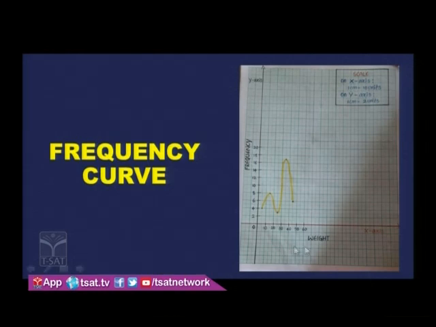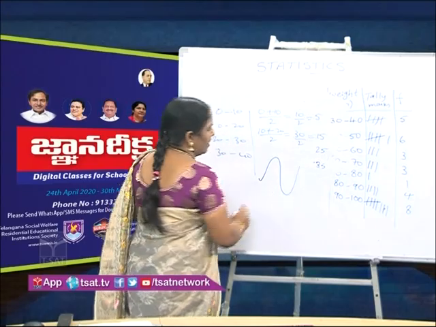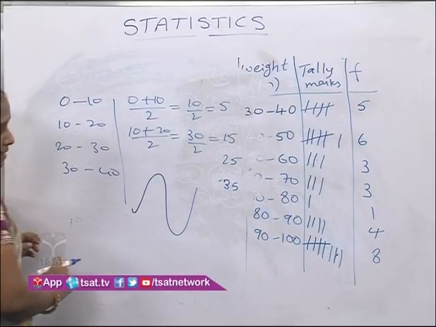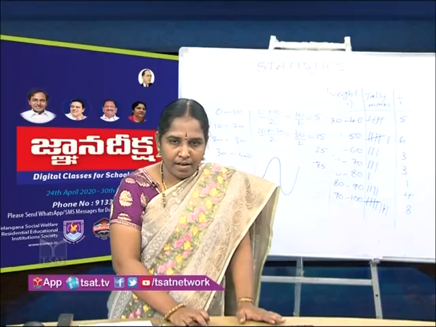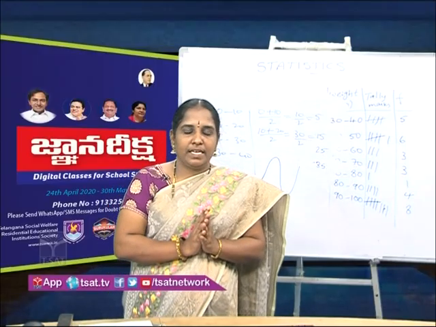On the x-axis we take mid values and on the y-axis we take frequencies, and as usual we mark the points, but instead of using a scale to join these points, here we join these points with free hand, like this. With free hand, we won't use any scale. We draw the curve with free hand, so it is called a frequency curve. So we have seen the three types of graphs.